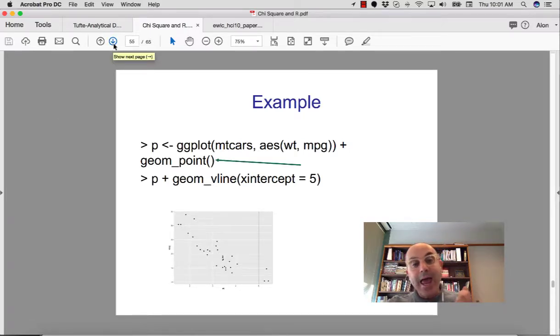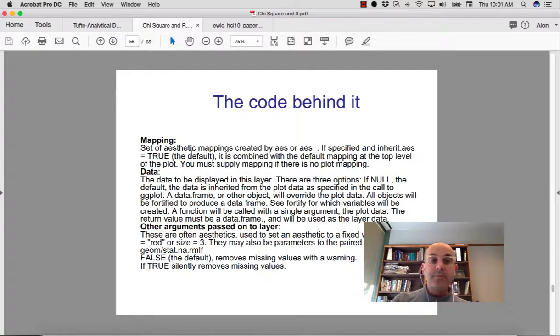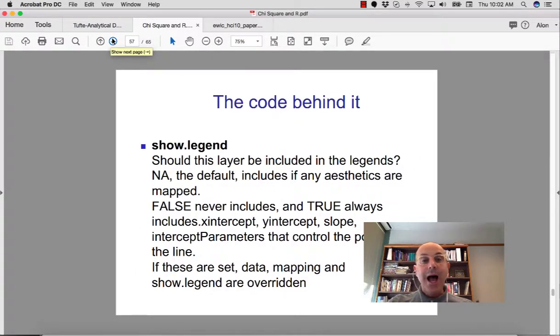And again, we are able to add some additional points to our dimensions in order for us to show that there is something going on here. And in this case, a straight line throughout the graph will show us what is the outlier in this data set, which is important, especially to us as statisticians. So the mapping, the data, and other arguments come in to do that.